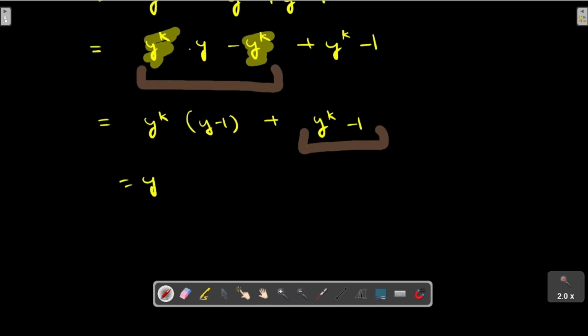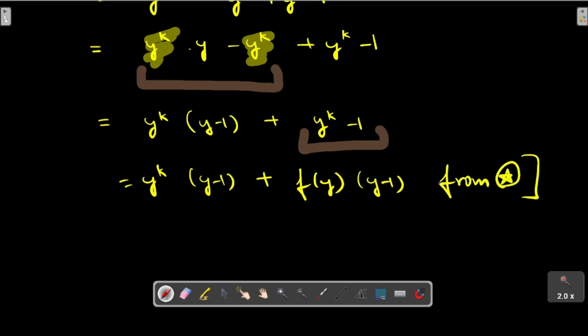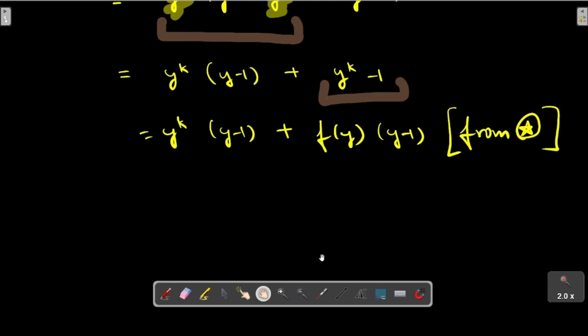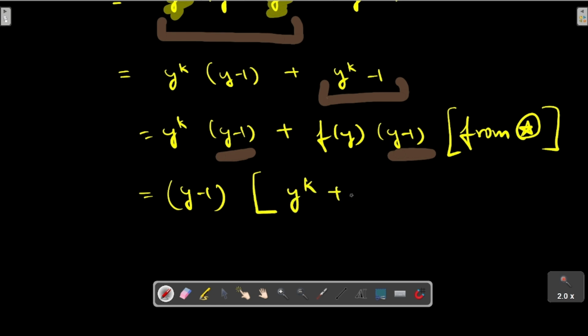So this becomes y to the power of k times y minus 1 plus f of y times y minus 1. You are getting this from star. Okay. Now, you have y minus 1 over here, y minus 1 over here. Can I pull it out? Right? So y minus 1 taken out will be y to the power of k plus f of y.